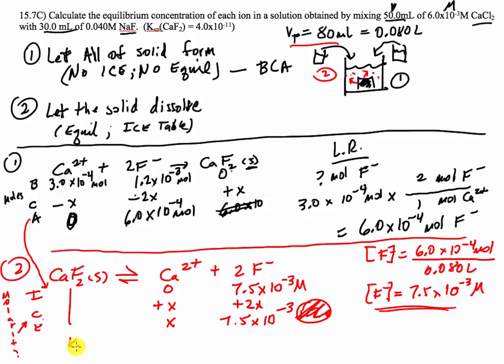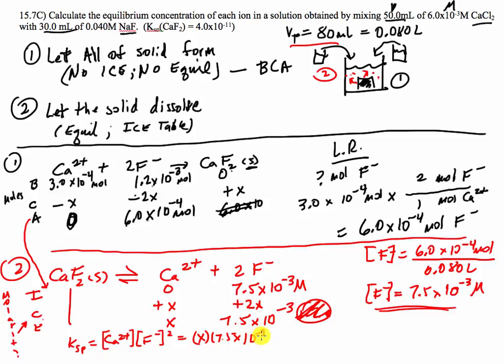So if I plug in KSP and I do just like I've been doing in all the other KSP problems we've been looking at, what I'm going to have is calcium times the fluoride squared. Plug in the numbers, x times 7.5 times 10 to the minus third, sorry about this, getting a little sloppy because I'm running out of space here.